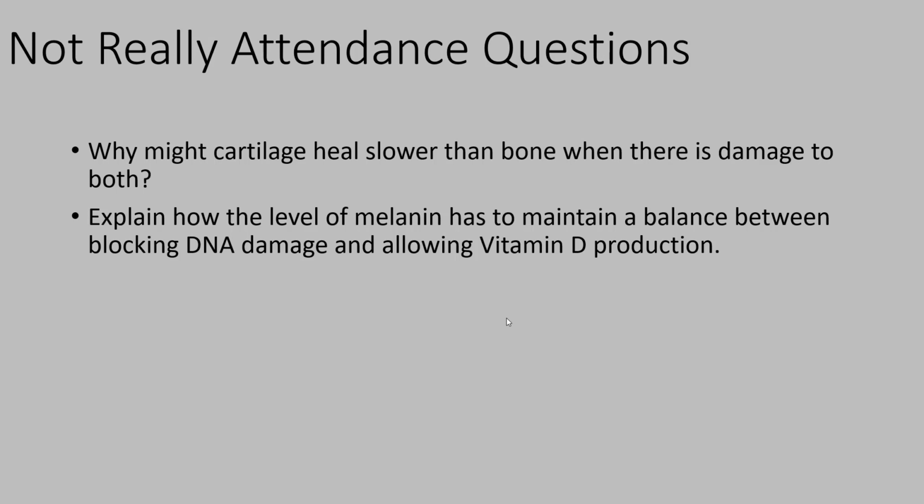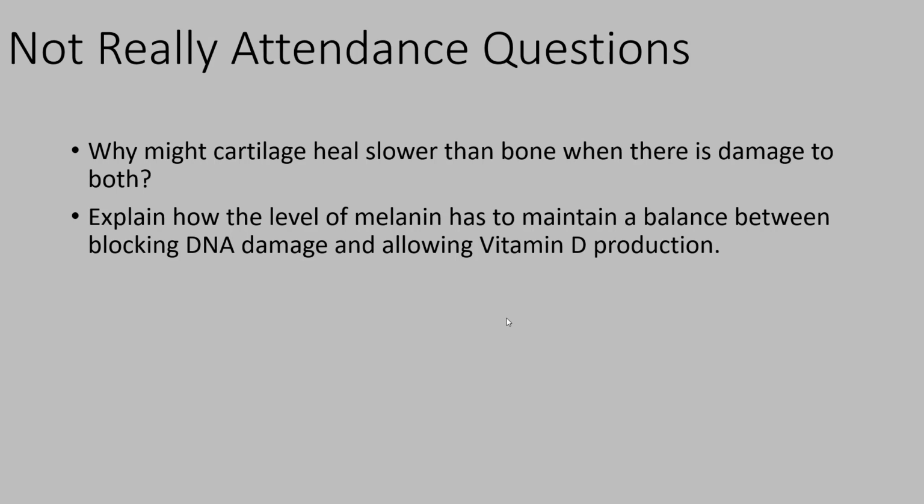But if we go up, say, towards Scandinavia, everybody has really, really pale skin. That's because there's not a lot of ultraviolet radiation up in those areas of the globe. So we want to maximize the amount of ultraviolet radiation that does get through. We don't need a lot of melanin. We don't want a lot of melanin.